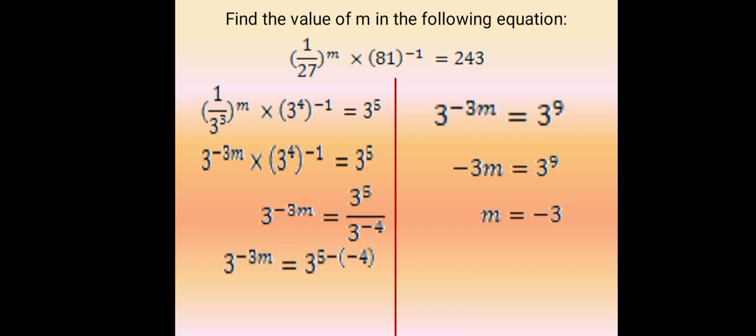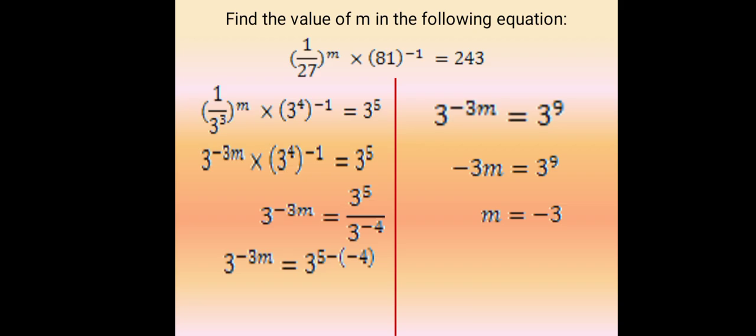And then 81, that power 4 multiplied by negative 1, we get 3 raised to the power of negative 4, and then is equal to 3 raised to that power 5. So 3 raised to the power of negative 3m is equal to 3 raised to the power of 5 divided by 3 raised to the power of negative 4.